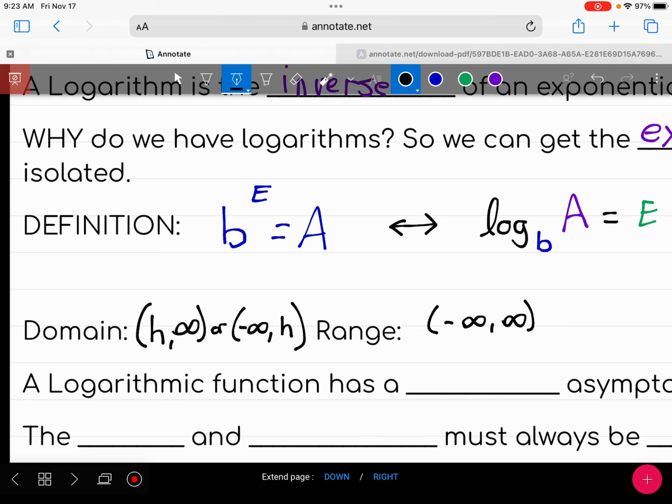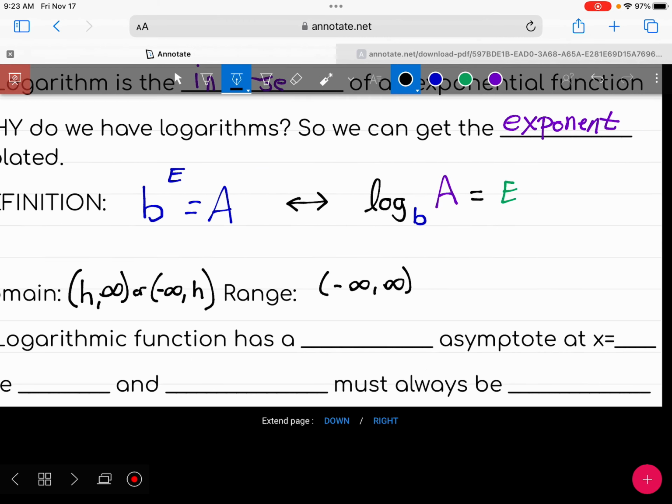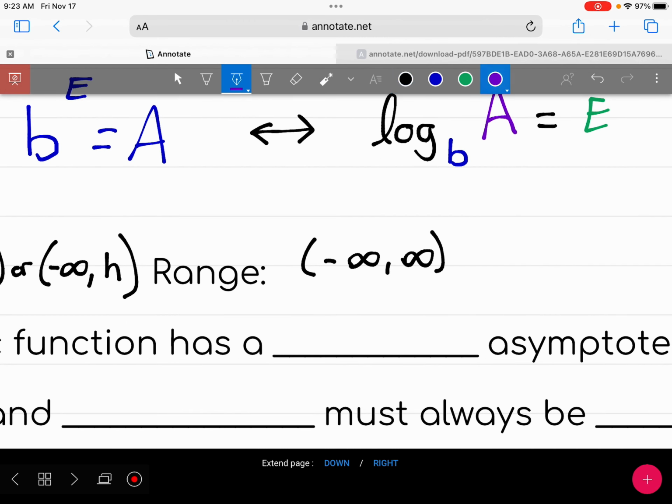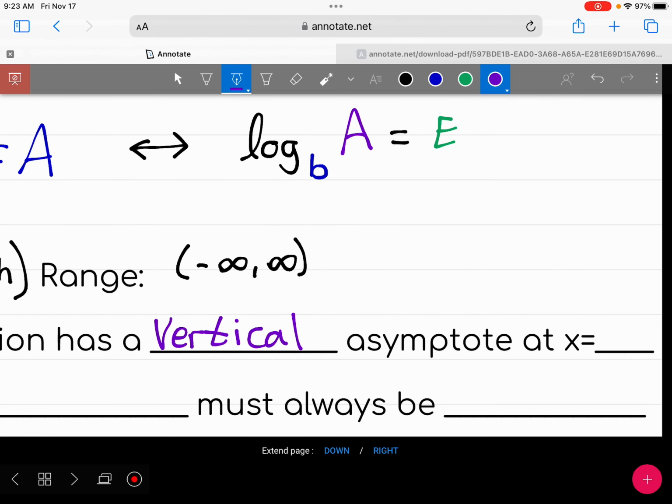Vertical asymptote. It has a vertical asymptote at that horizontal transformation, at x equals h.